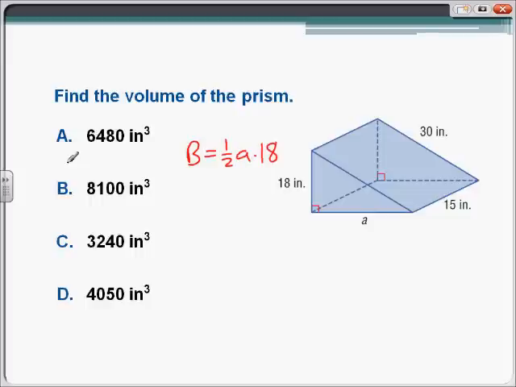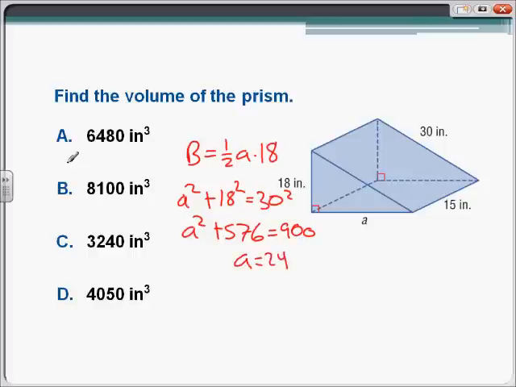Luckily for us, this is a right triangle, so we know that A squared plus 18 squared is going to equal the hypotenuse squared. Our hypotenuse is going to be 30. So we're going to get A squared plus 576 is going to equal 900. We subtract over the 576, take the square root. A is going to equal 24.